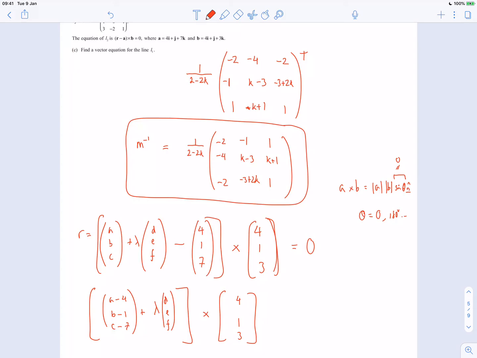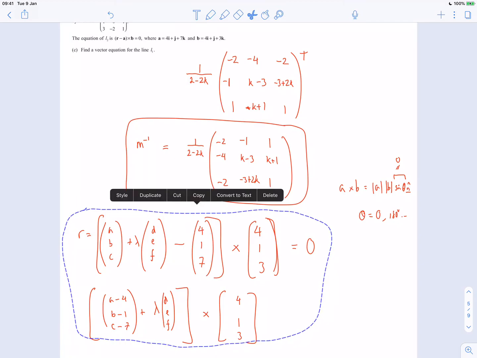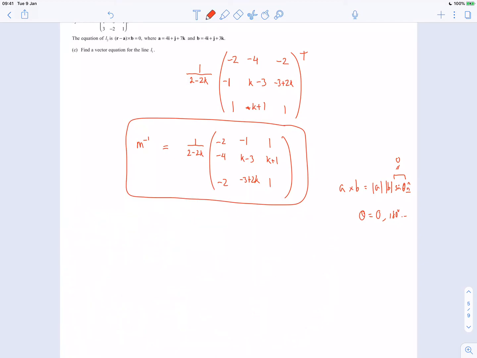So actually I don't think I need to do this complicated system of equations. I know that for my line L2, r is going to be something plus some multiple of this vector b, which is 4, 1, 3. Okay.